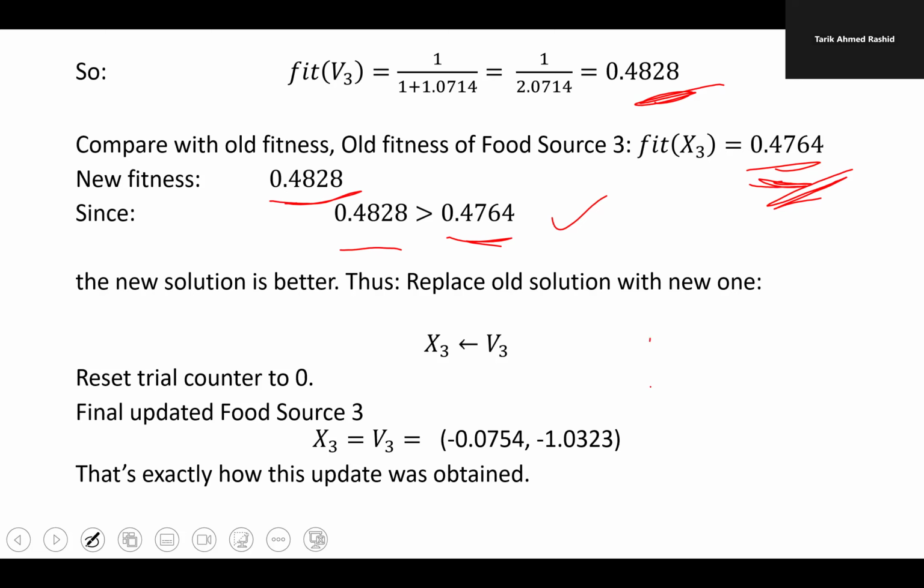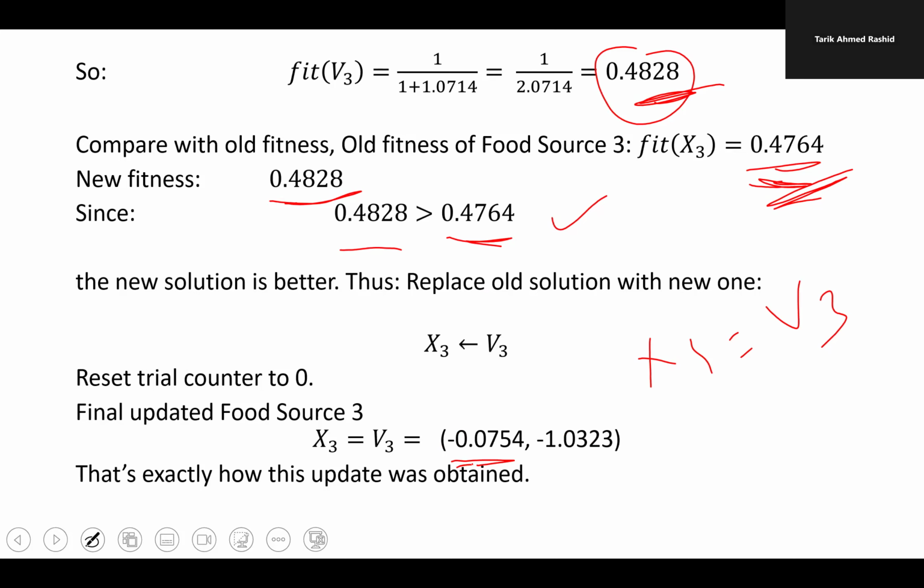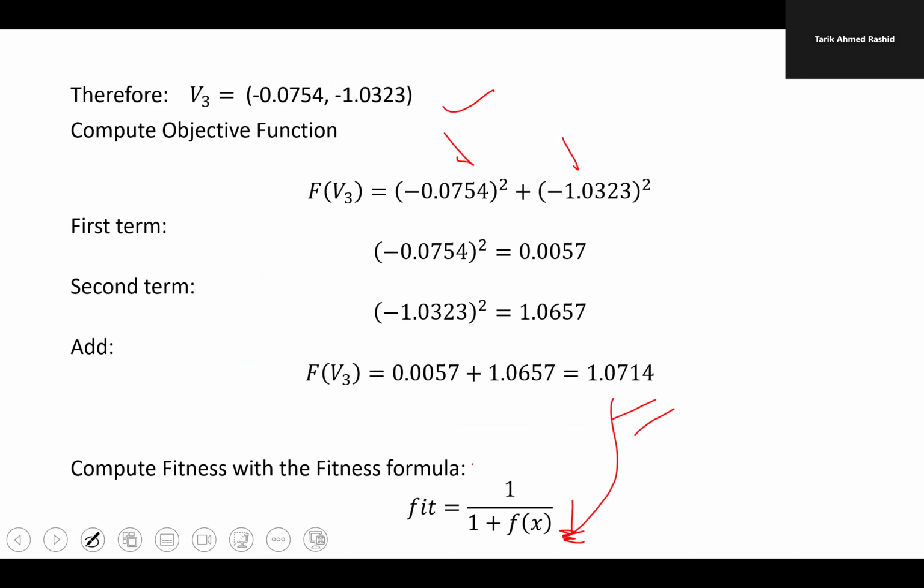So now X3 will be replaced by V3, the one that we found here. Okay, that's the V3. So with this value, because we plug them in and it gave us a better fitness.